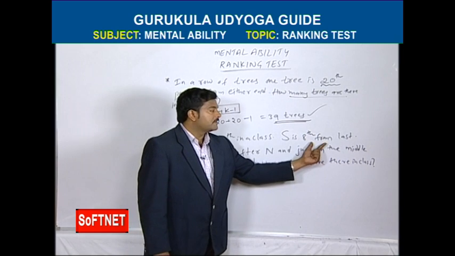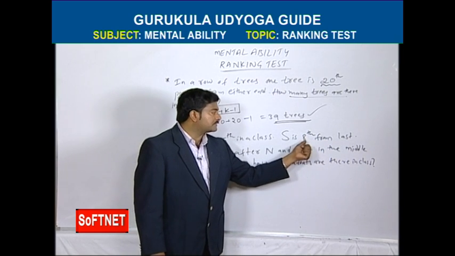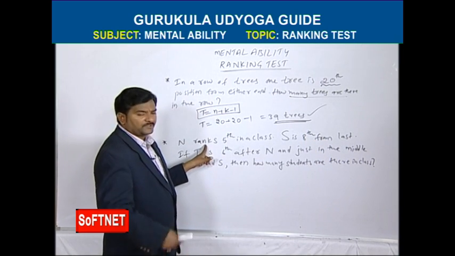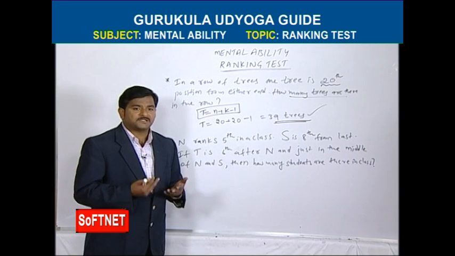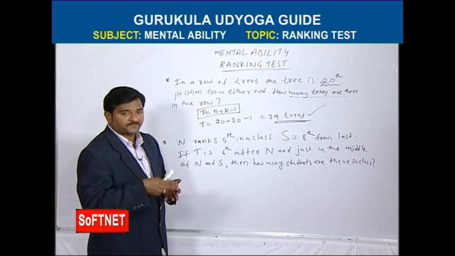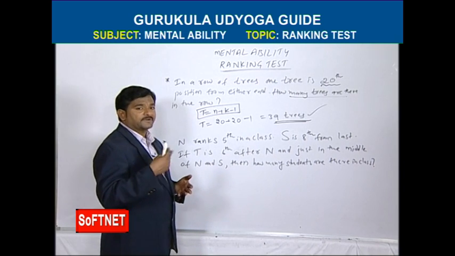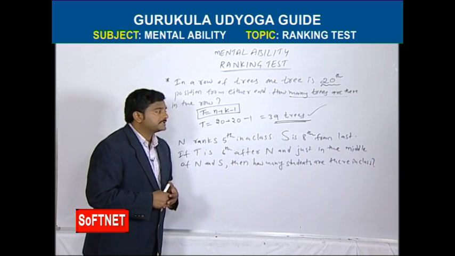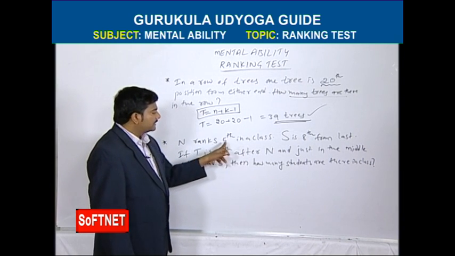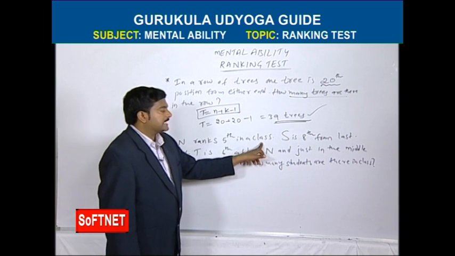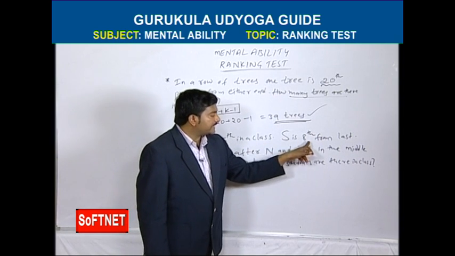So from the last, S's position is 8. From the front, even though I didn't mention front, the meaning is that only. I got 5th rank, so obviously it is from the front side only. The meaning is that N ranks 5th in a class, S is 8th from the last.